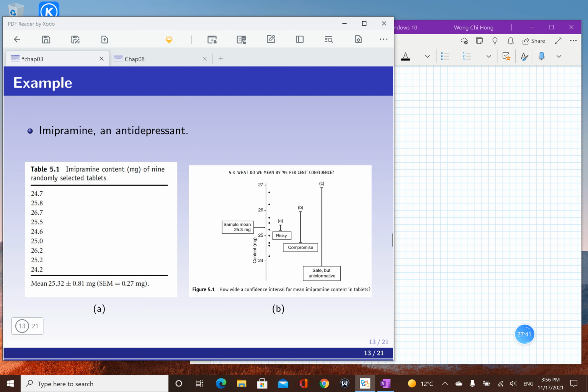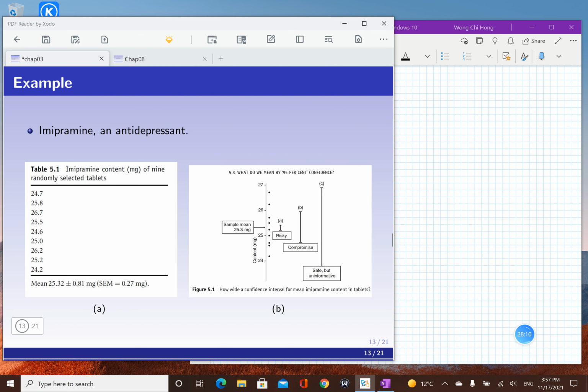If the sample mean value is 25.32, and all the numbers you're seeing go from 24.7, 25.8, 26.7 and all that, I'm definitely not going to get this wrong if I say the true mean value should be between 0 and 50. I'm very confident. I'm most likely to be right. But would you say this is nonsense?